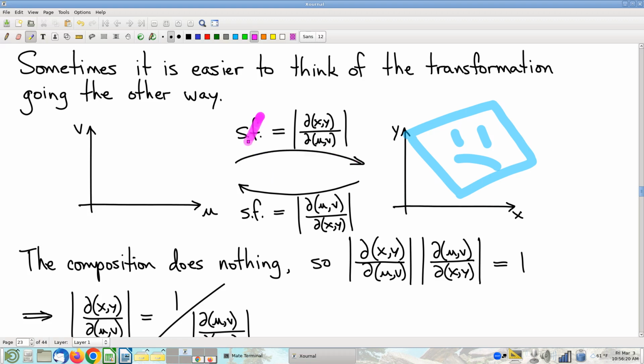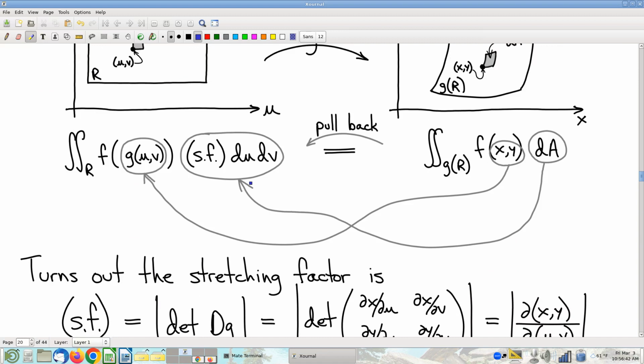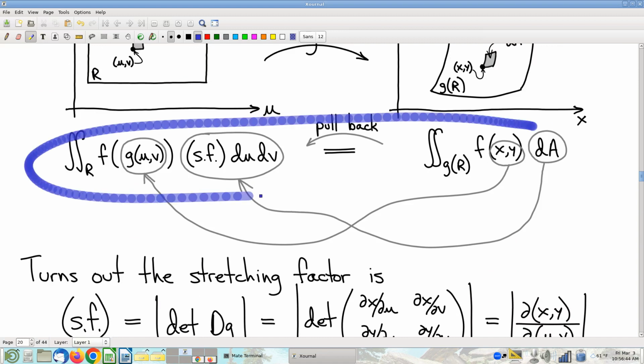Sometimes it turns out that that's really hard to write down. But it might be much easier to get a function going the other way. Now, can you do that? Is that a thing? We do have to adapt some things accordingly. But if you look back at our statement about change of variables, this is, after all, an equation.